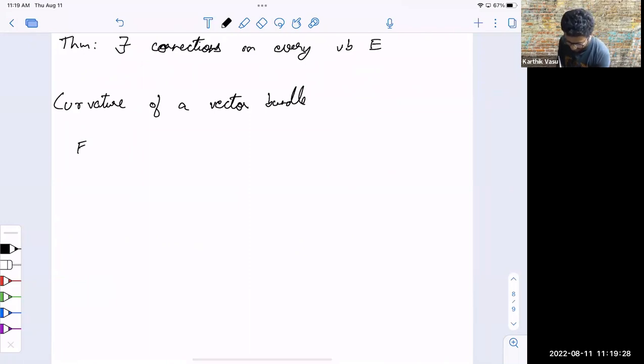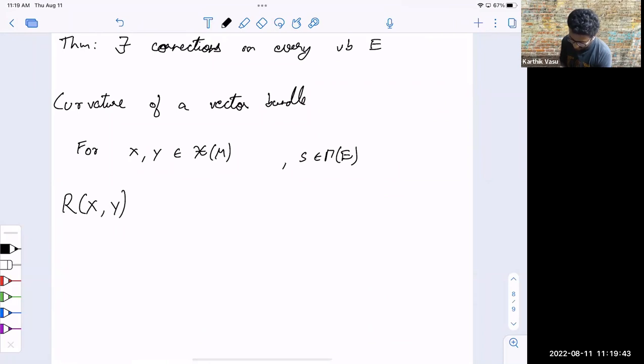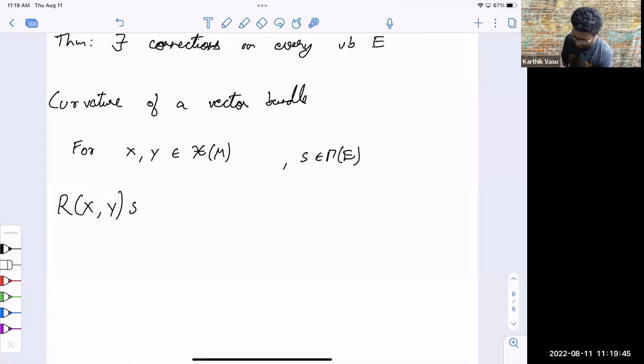So how do I define what a curvature is? Let's take any two vector fields X and Y and any section S. Then the Riemannian curvature tensor will be a function of three things: two of them vector fields, one of them a section.